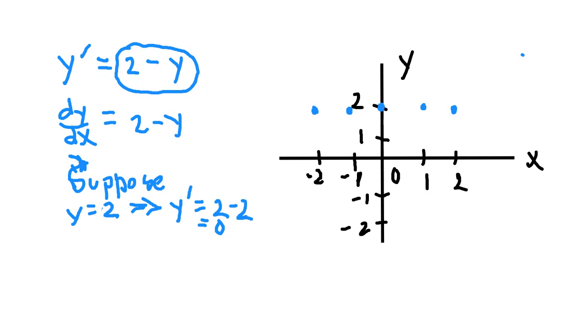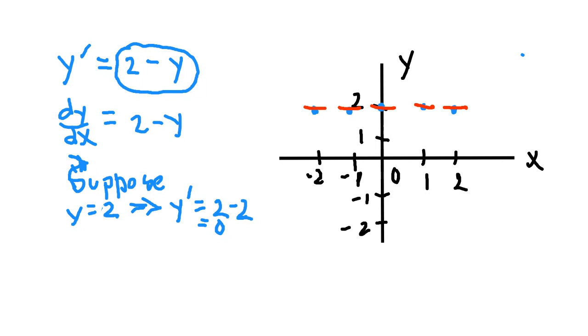And so that means that tangent lines are horizontal along the line y equals 2.